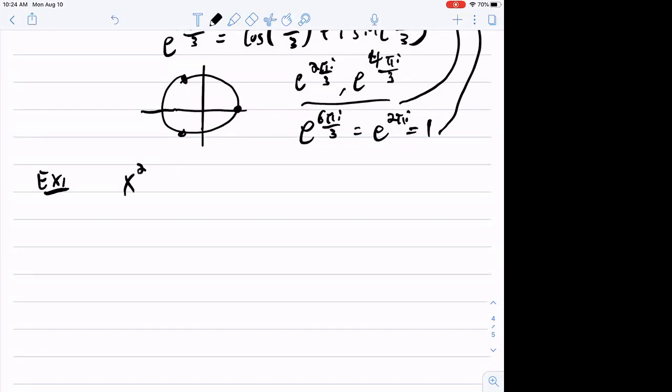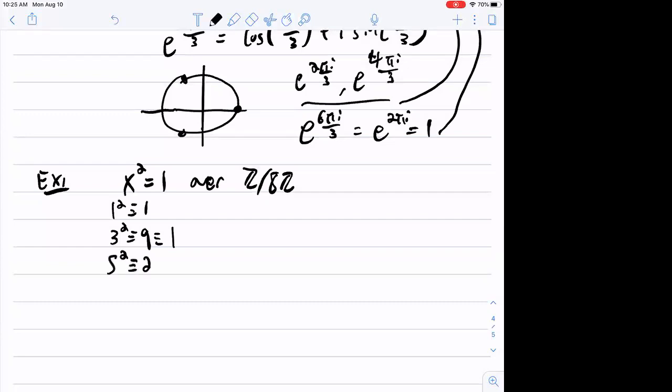If you just consider x squared is congruent to 1 over Z mod 8Z, this has 4 solutions, right? 1 squared is 1, 3 squared is 9, but 9 mod 8 is 1. And 5 squared is 25, and 25 mod 8 is 1.